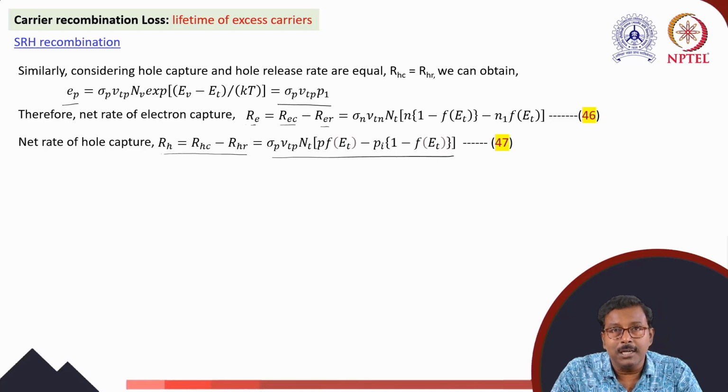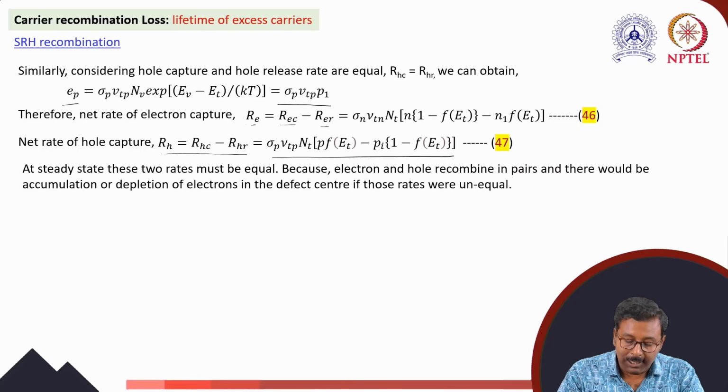So what is the recombination rate? How can we calculate it? For recombination, we need electron capture followed by hole capture. At steady state, these two rates must be equal because electrons and holes recombine in pairs. If RH and RE were not equal, there would be accumulation of electrons in the trap states or depletion of electrons in the trap center or defect center.